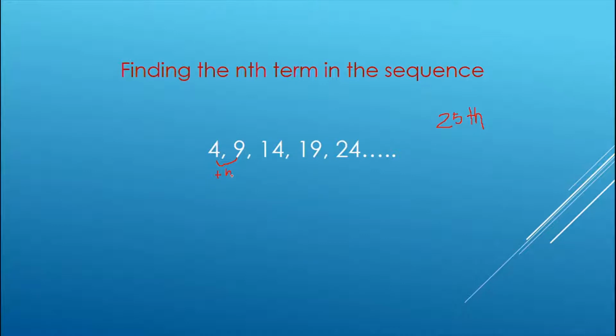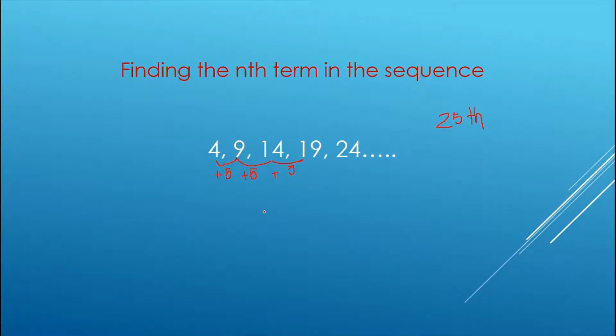What do we do to 9 to make it 14? Still, we add 5. So the rule for this pattern is plus 5. So 14 plus 5 is 19, 19 plus 5 is 24. So this is our rule, plus 5.